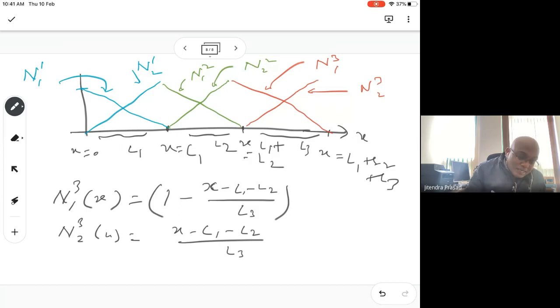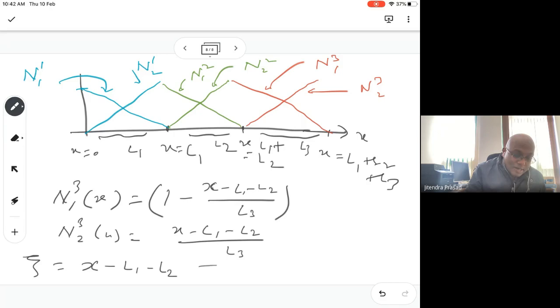Now you can transform the axis. Let's call it xi, equal to x minus L1 minus L2. You define like that.